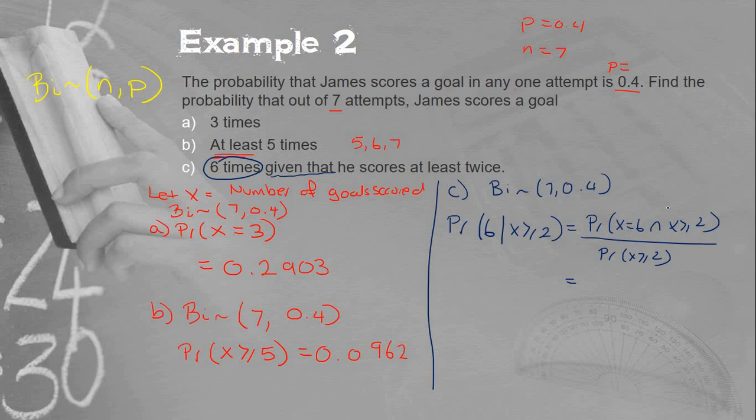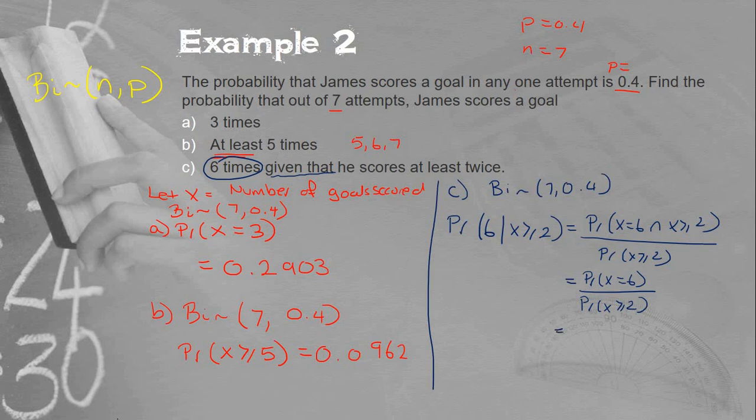X greater than or equal to 2, the possibilities are the numbers 2, 3, 4, 5, 6 and 7. Which of those intersect with x equals 6? Only the number x equals 6. Now please, please be careful. It is not always, or rather not even often, the fact that whatever is here ends up in the numerator. It does sometimes, but is definitely not the case always.